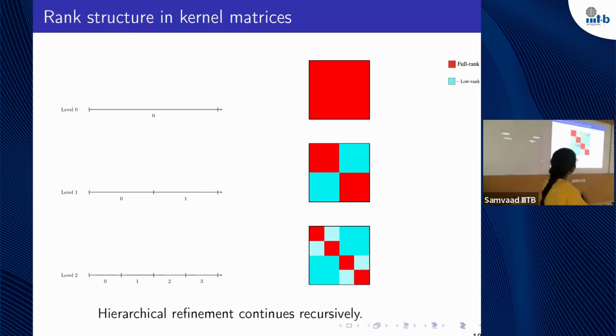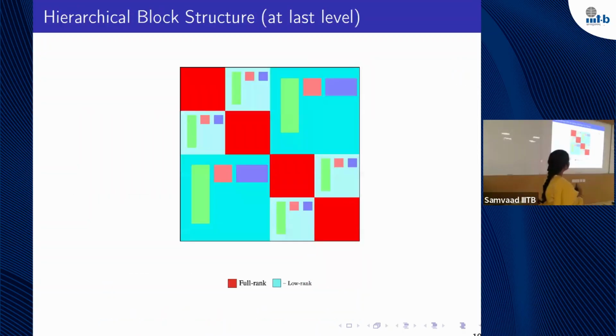So when I say that a particular matrix is low rank, I can represent it using its low rank factorization. Meaning this whole submatrix is low rank, so I can represent it as some U S V transpose. And the reason I have shown it to be thin is it only has R columns, R being the rank of this matrix. So wherever I have a low rank block, instead of storing this whole n by 2 cross n by 2 matrix, I'll only be storing these three matrices.